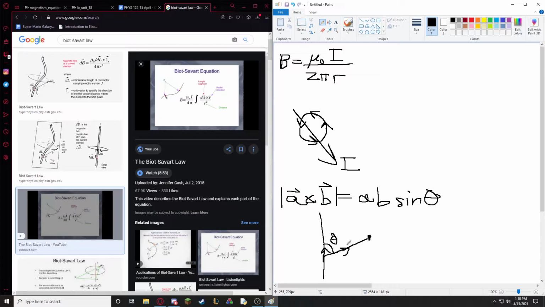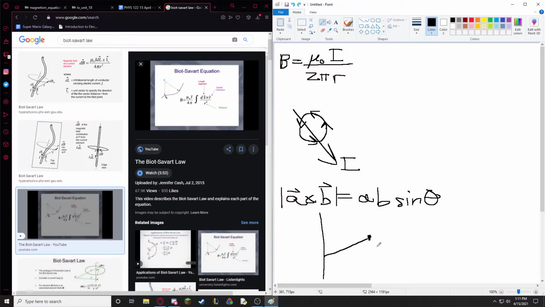It's sort of annoying, but for the sine theta, we could set up a right triangle, and using SOHCAHTOA, sine is opposite over hypotenuse, so it would be r over L. Integrate from negative infinity to infinity.